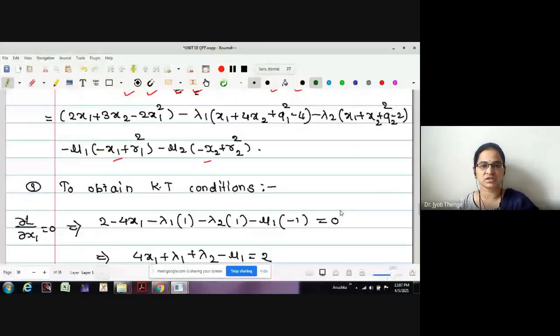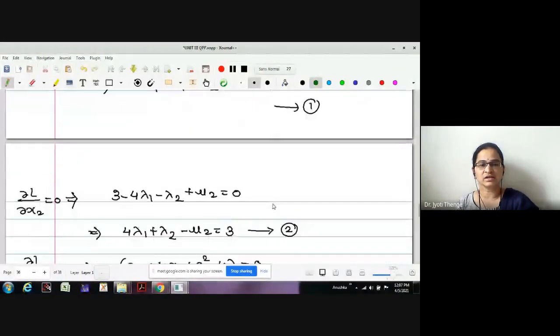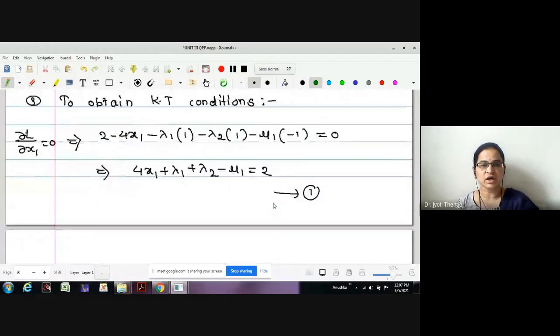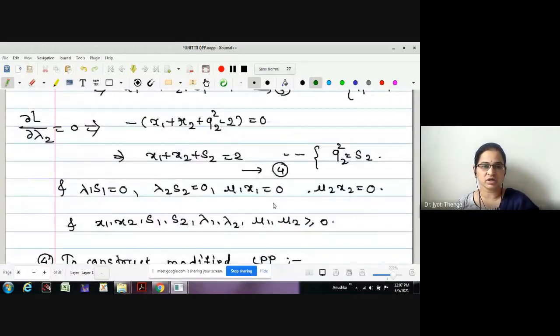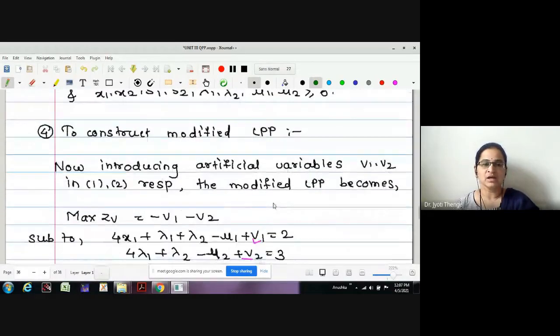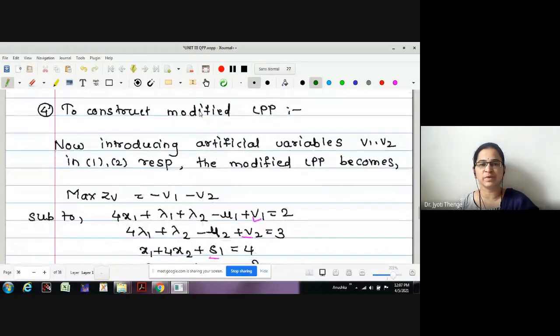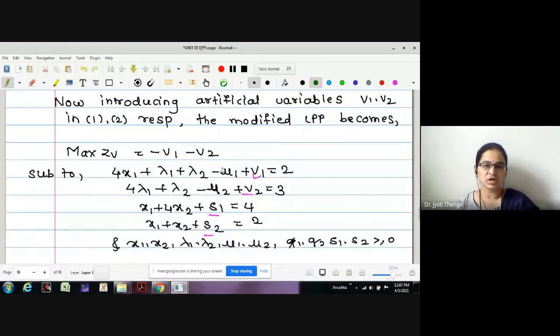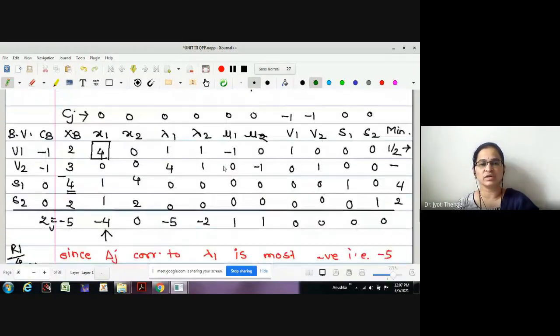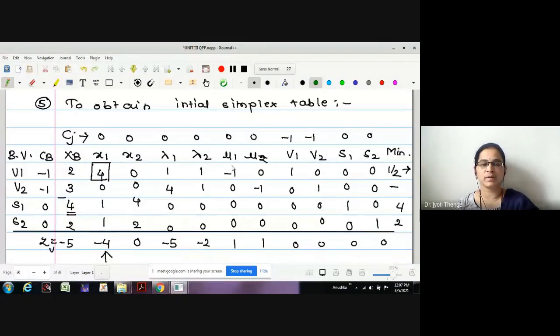Then we constructed a Lagrangian function, and then the Kuhn-Tucker conditions. Using the Kuhn-Tucker conditions obtained, we constructed the modified LPP by introducing artificial variables, and then solved this linear programming problem by the two-phase method.